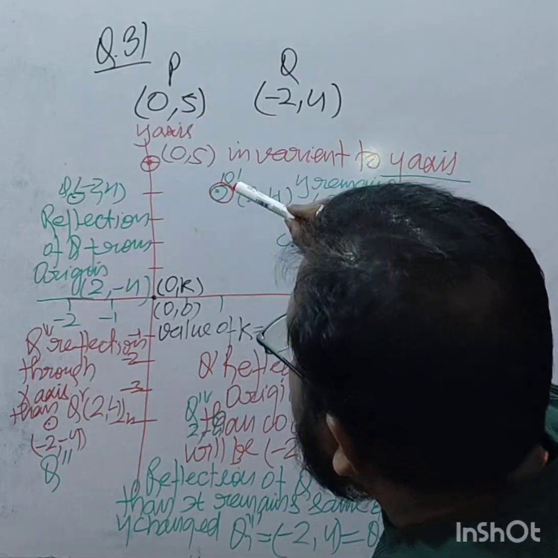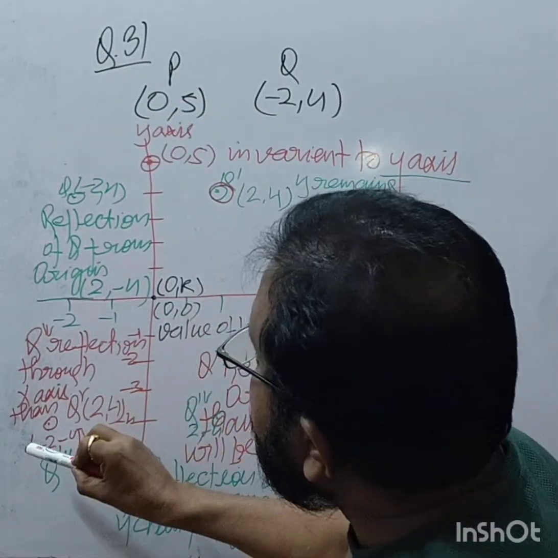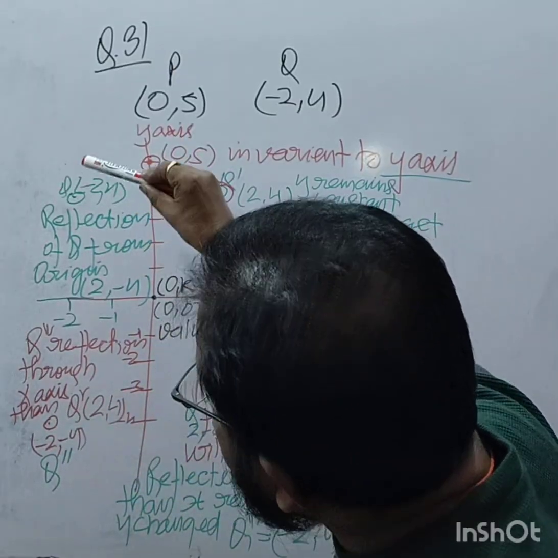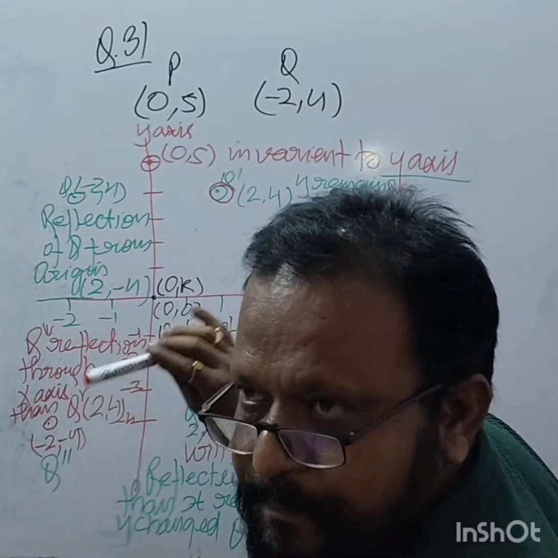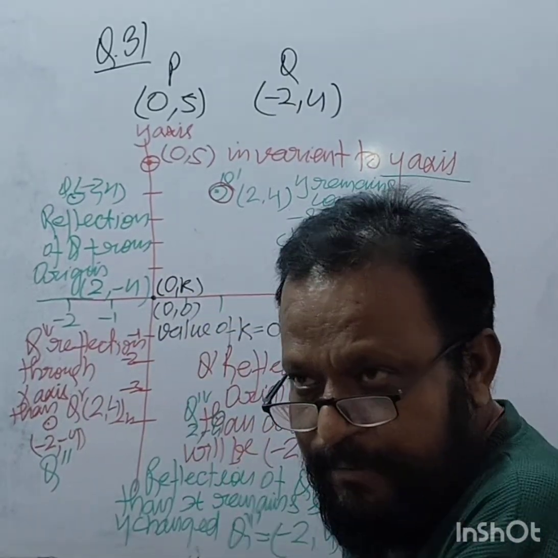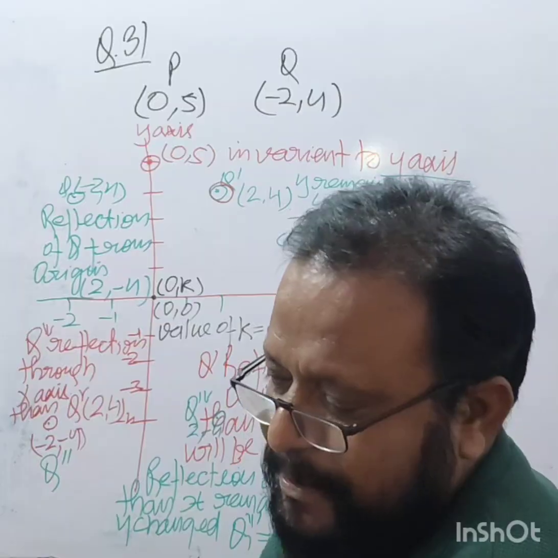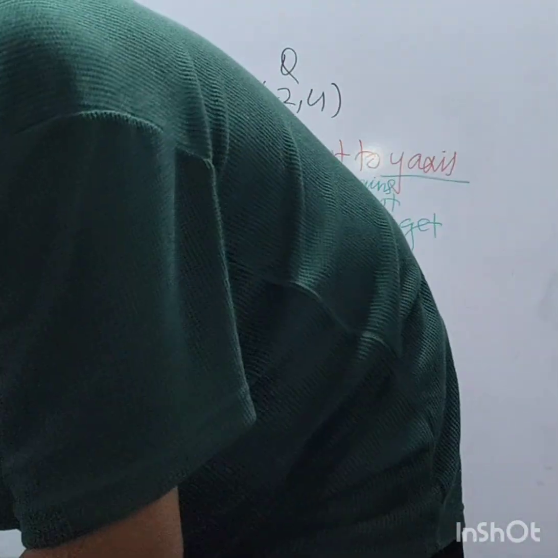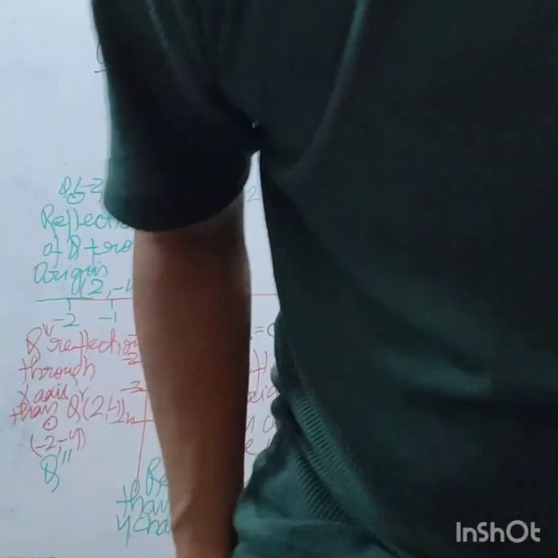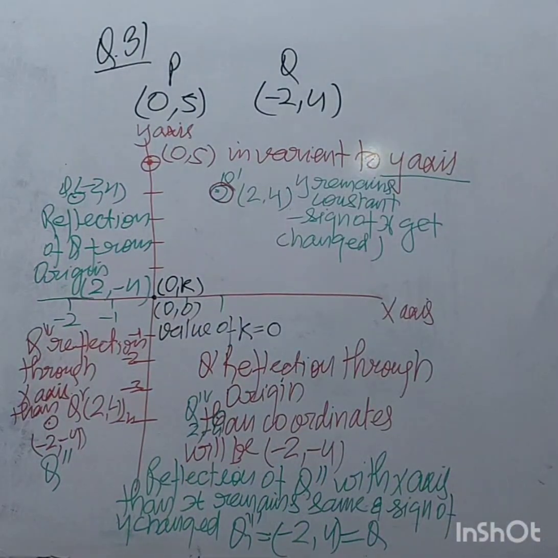Similarly here, through the origin, both the signs get changed, and through the x-axis, x is constant and the sign of y is changed. This is question number 31. I hope you understand. Do you not understand anything?